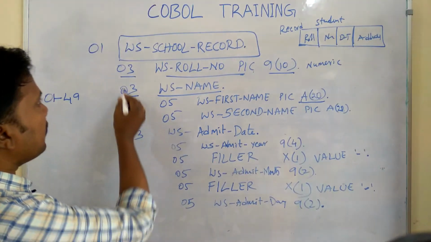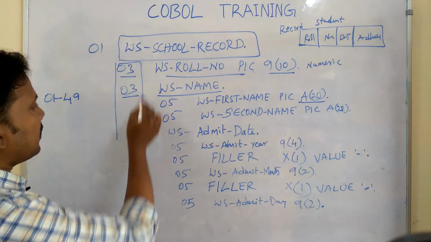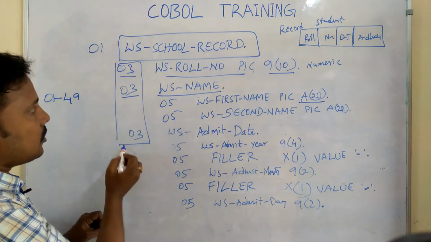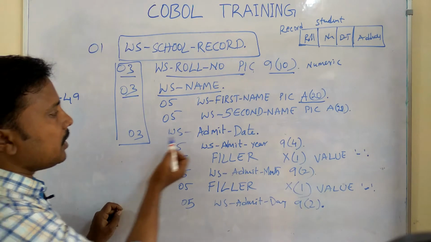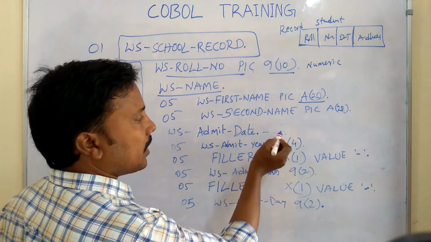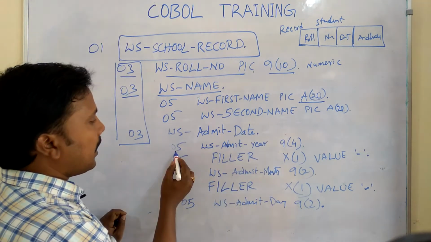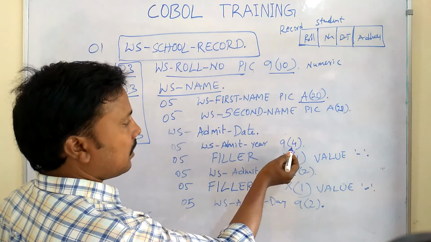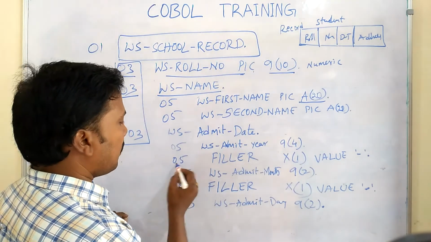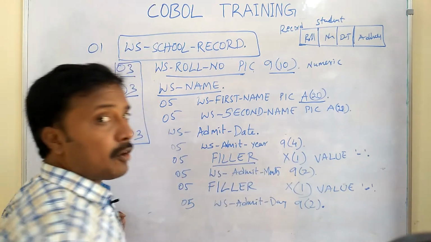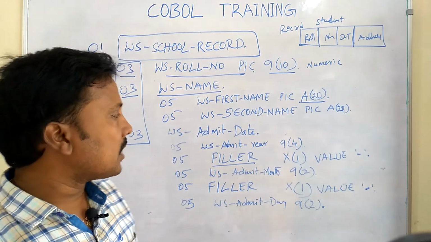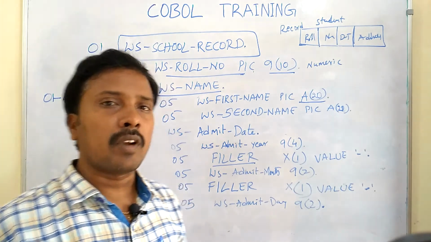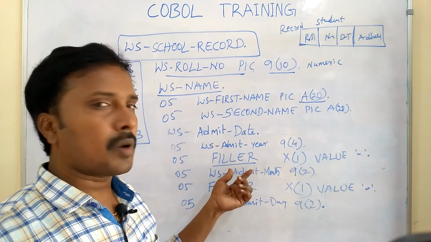And again we have given, at the same level under 01, 03, sub elements. Here 03 WS-ADMIT-DATE, and here also I am not giving a picture clause. Under it 05 WS-ADMIT-YEAR PIC 9(4), and 05 FILLER. We have mentioned filler. Filler is like a variable without a proper name.